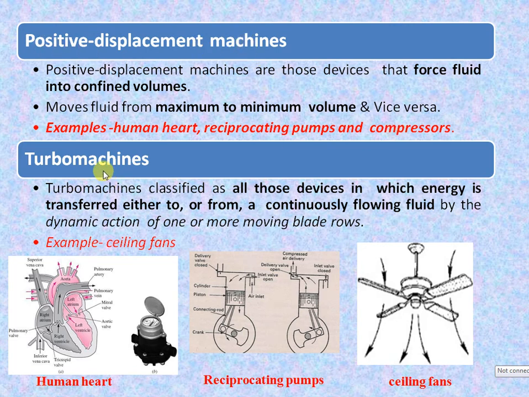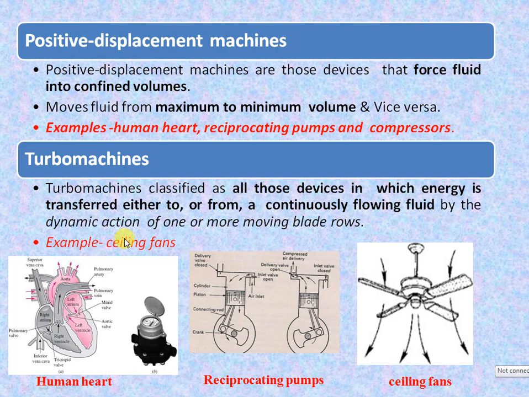The second type is turbo machine. Turbo machines or turbines are classified as all those devices in which energy is transferred either to or from a continuously flowing fluid by the dynamic action of one or more moving blade rows. The best example is the ceiling fan.